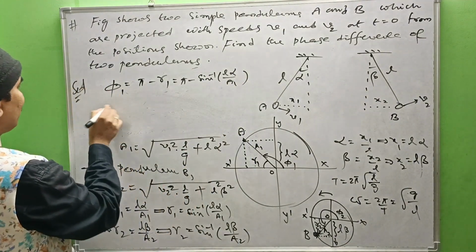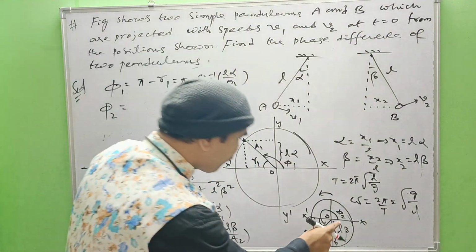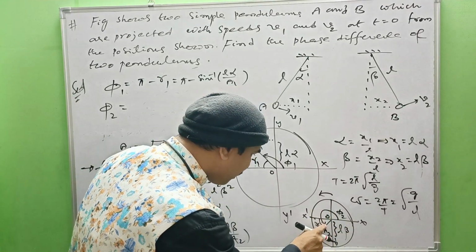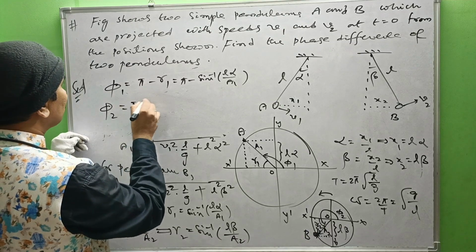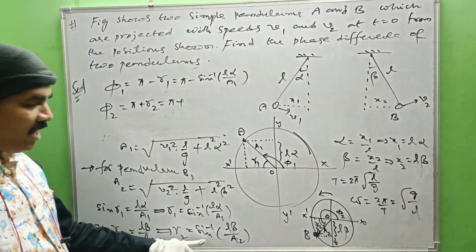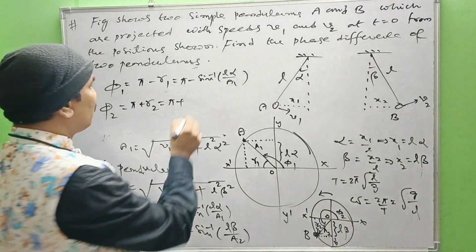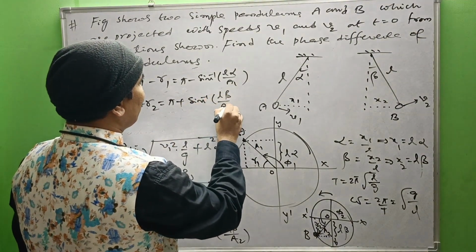In the same way, what is the phase acquired by second pendulum B? Phi 2, from here to there, is 180 plus gamma 2, that is pi plus gamma 2, in the sense pi plus sin inverse L beta by A2.